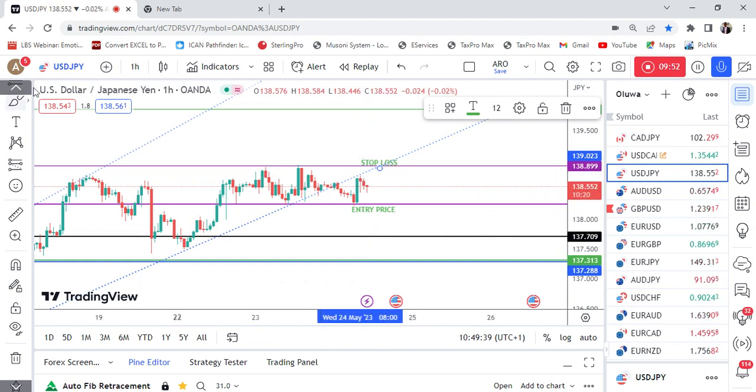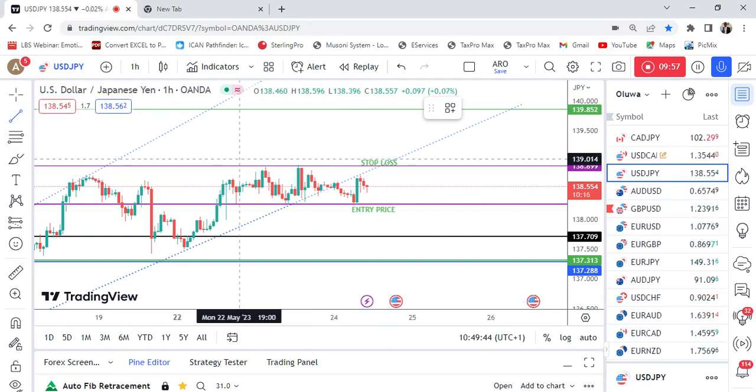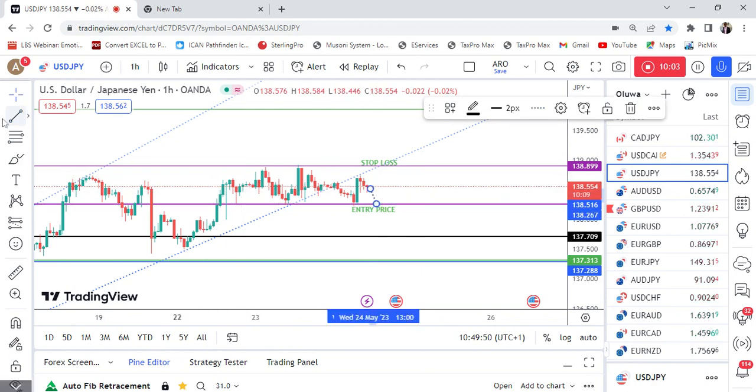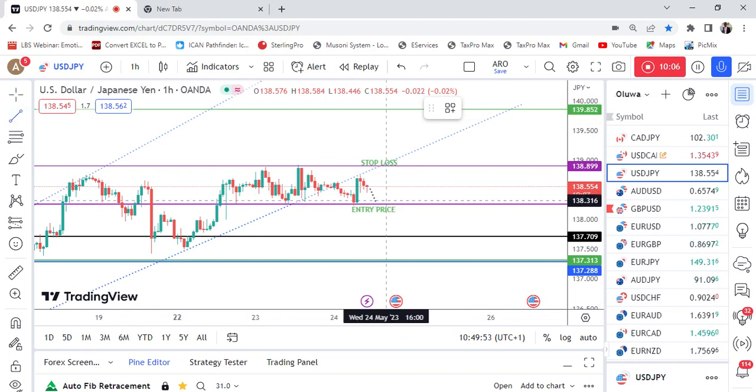So there is possibility of a selling opportunity here. It is not certain for the market, but that's what may likely happen.